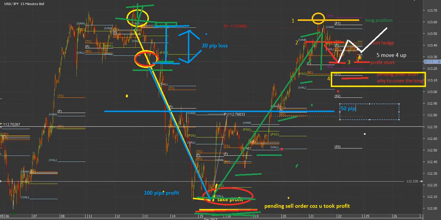So, when the market reaches here, this midpoint, which would be around, say, this level, would mean that this position is now 50 pips minus.